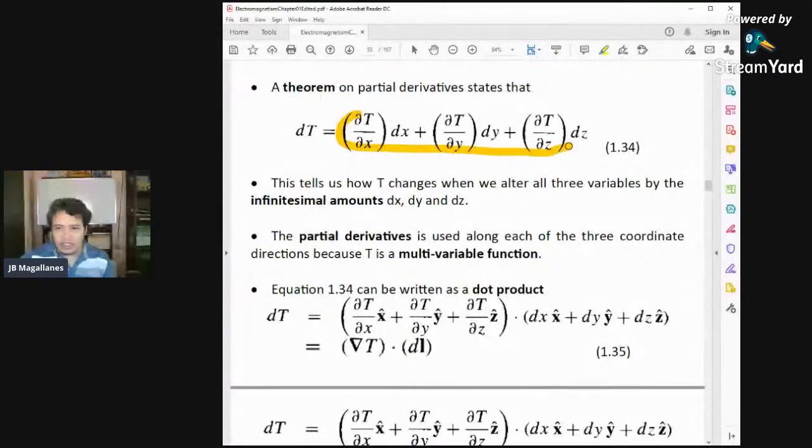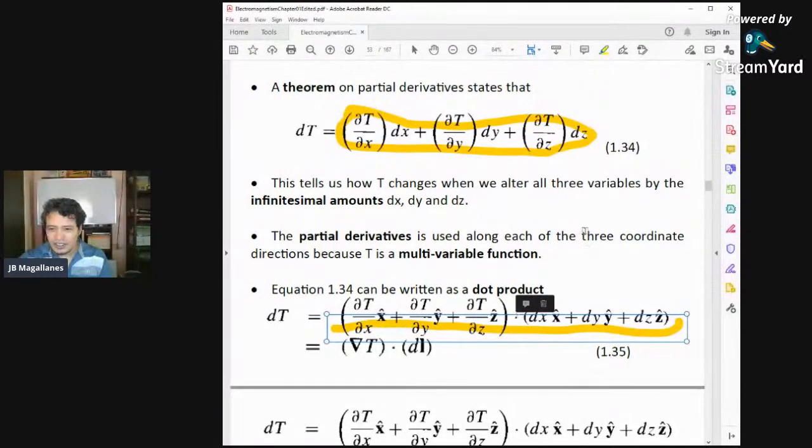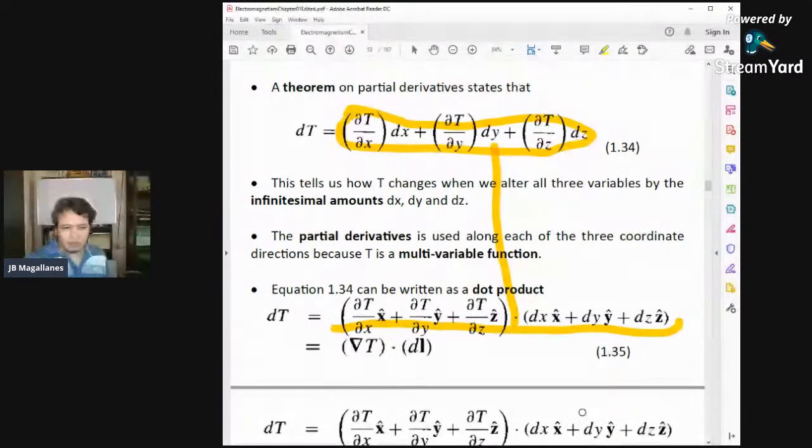You can convert this expression into a dot product here. So if you do the dot product, look, you can write this one as that one. If you do the dot product of this, you can get this.